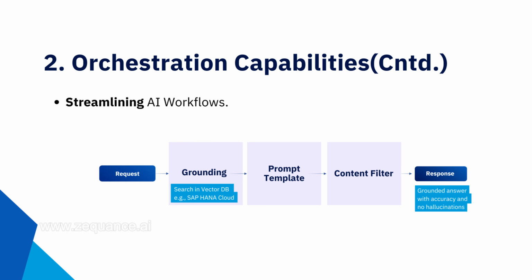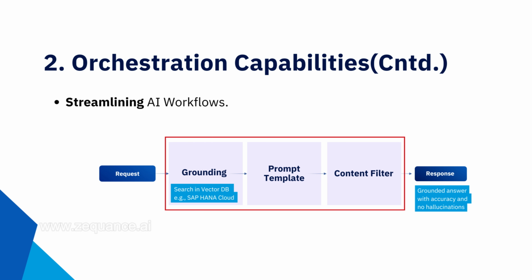Another one is streamlining AI workflows. The orchestration service combines different features into a single pipeline. For example, when processing a document, you might use a grounding module to find relevant information, the prompt template module to format a request to an LLM, and the content filter module to check the results.